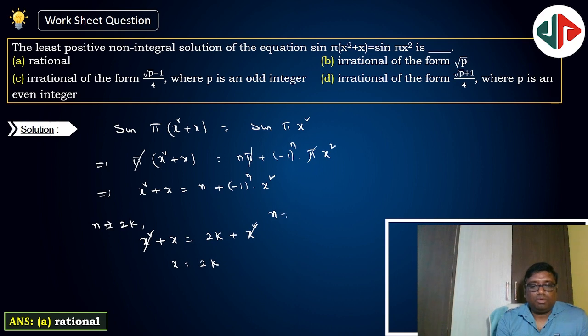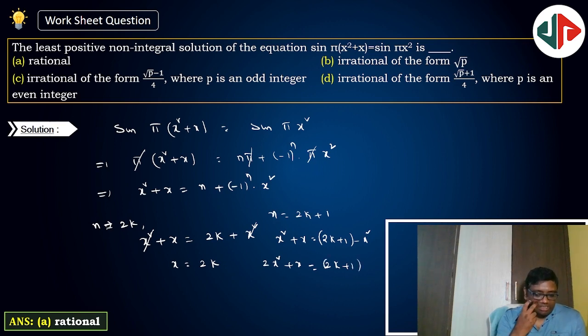If n is an odd multiple, then what value will exist? x square plus x is equal to 2k plus 1 minus x square. So 2 times x square plus x is always equal to 2k plus 1. So n value will exist.